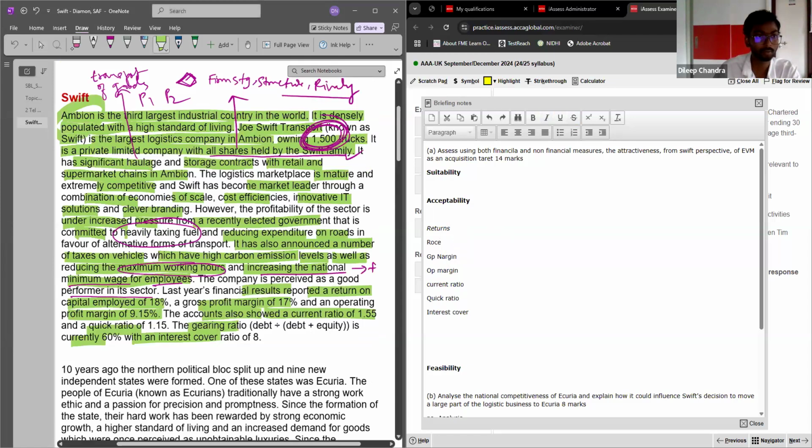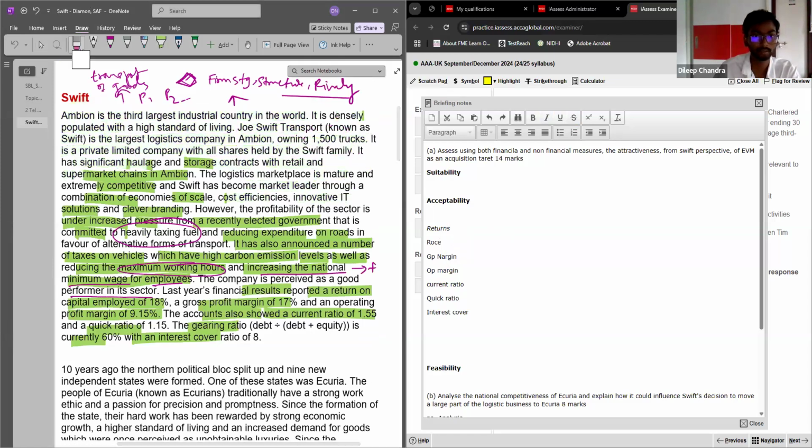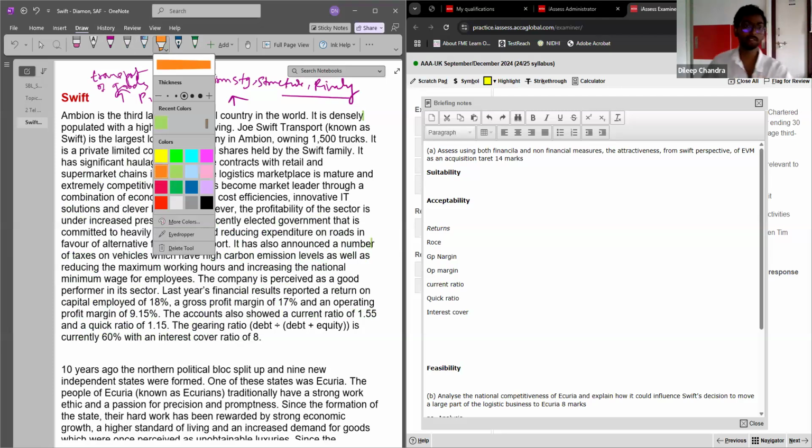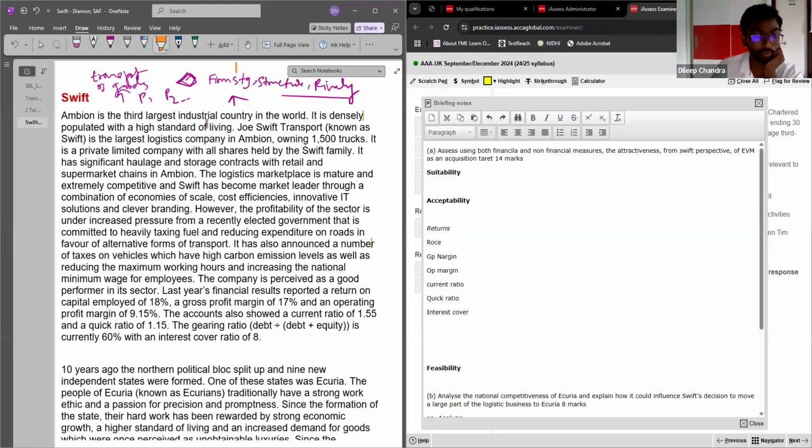Let me erase all this. Let me highlight the important points here. The main reasons why SWIFT might be thinking to move to another country, what would those main reasons be? Anyone? Because of the conflicts in their country.